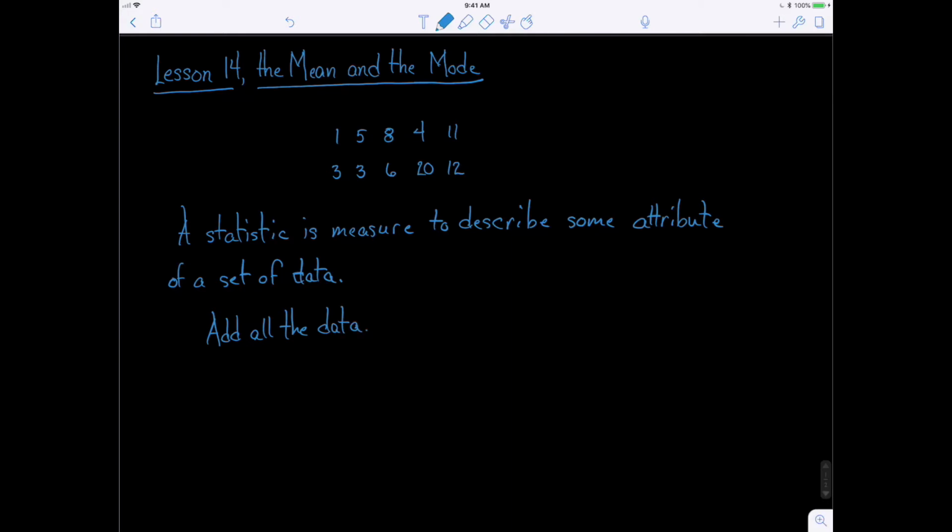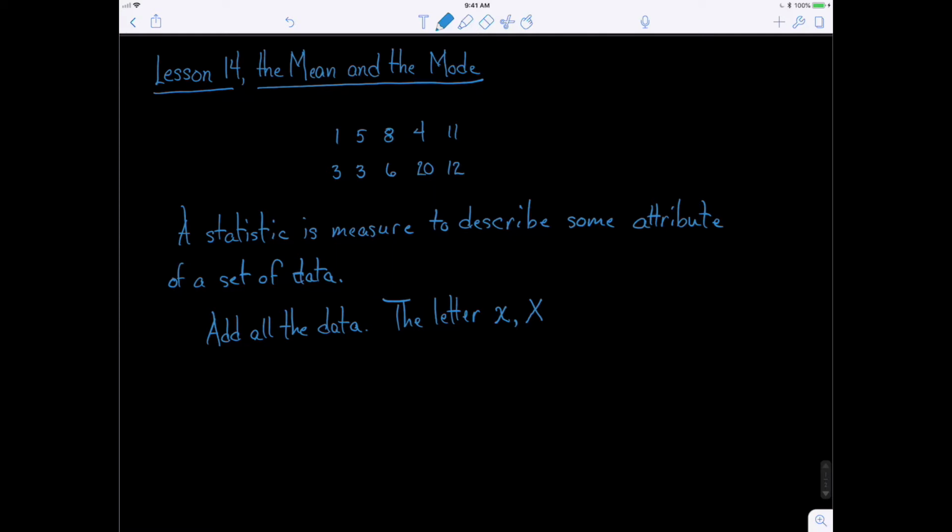So here's what we're going to do. We use the letter X, and we'll either see it written, I usually write mine like that, kind of a script x. In some statistics books, you'll see a capital X. Either one is fine.